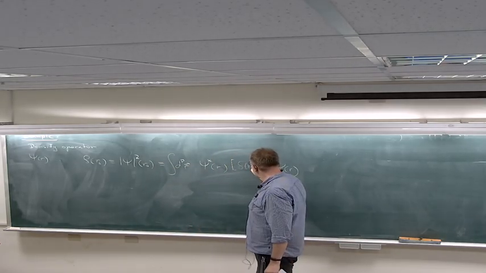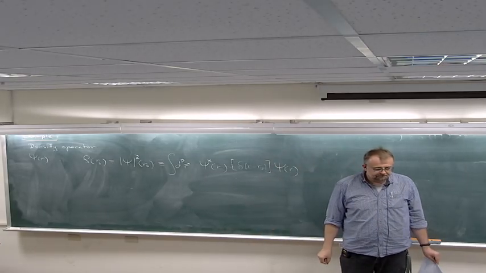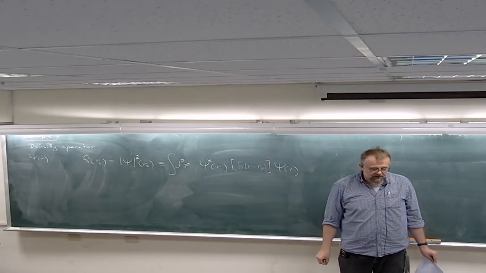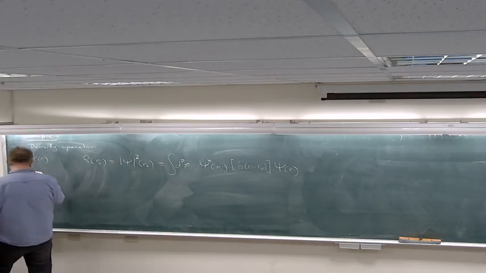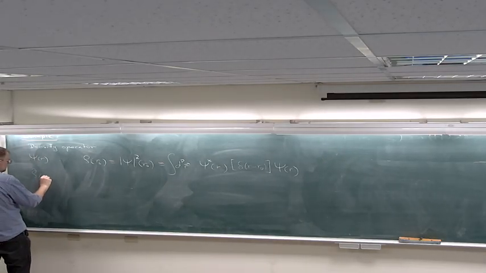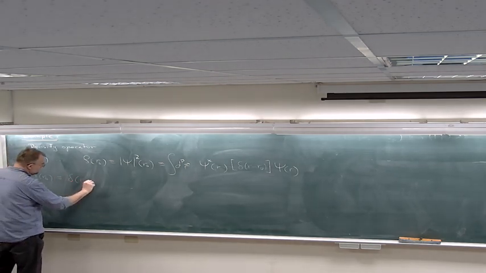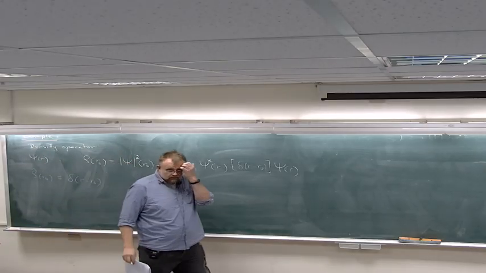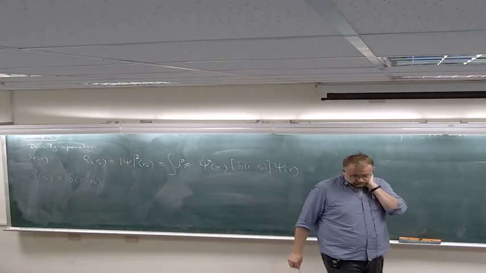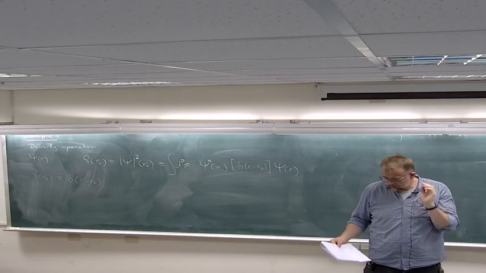The delta function r minus r0 does this. So I see that the density operator in the Schrödinger picture is just delta r minus r0. Great.